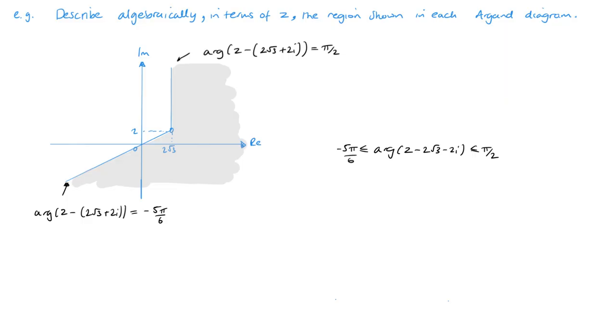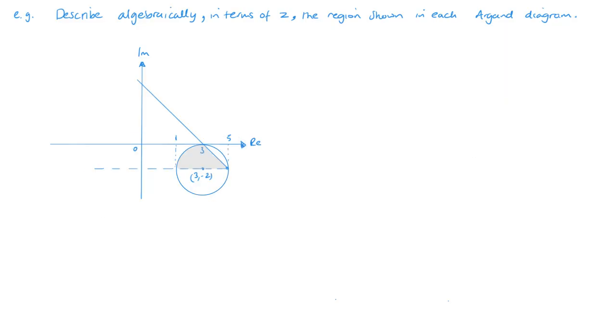Let's look at one more of these examples. So this one, the shaded region, is within a circle and between two half lines. So let's start with the circle first of all.